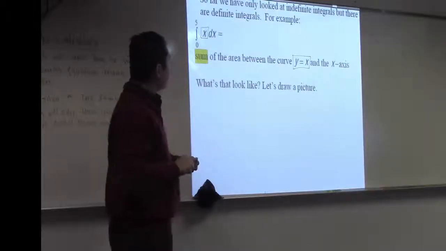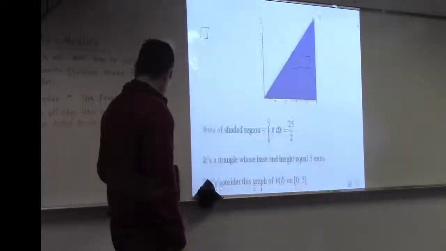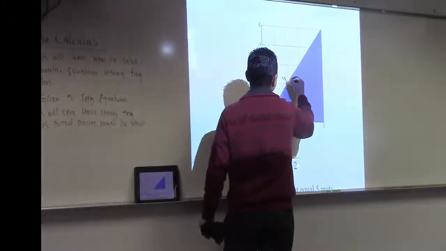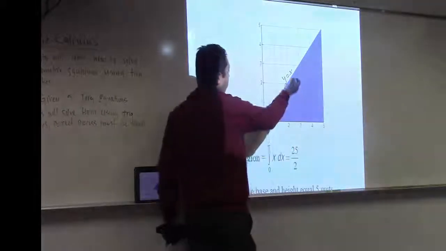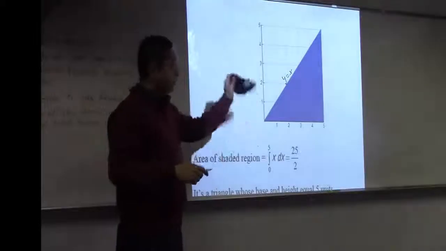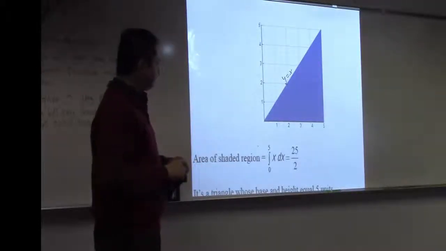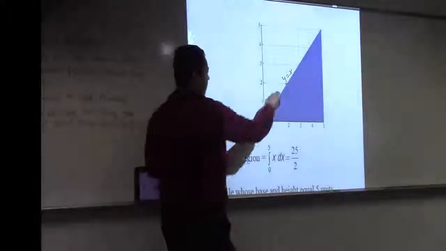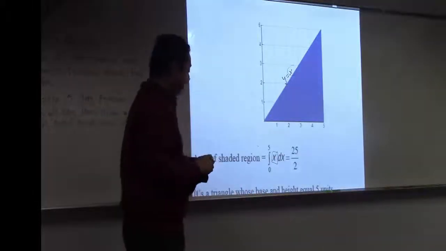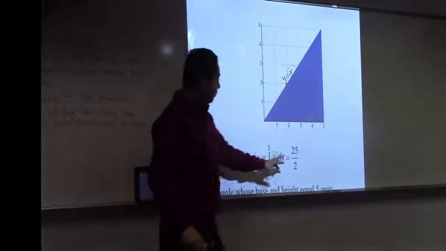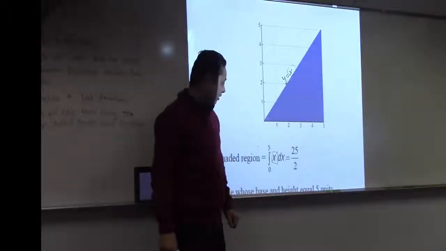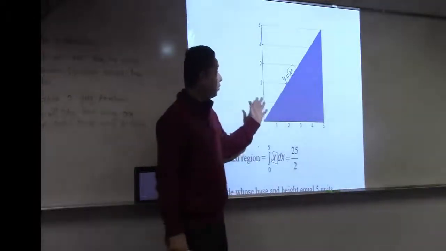So what I've done right here is I graphed y equals x. So y equals x is a diagonal line, and it goes to 1, 1, 2, 2, 3, 3, 4, 4, and so on. Right? It goes forever, to the right and to the left. So that y equals x is basically the inside portion of your integral. Now, we don't know where this 25 over 2 came from. But fortunately, we do have the graph right here.